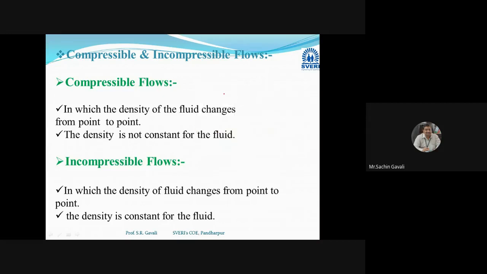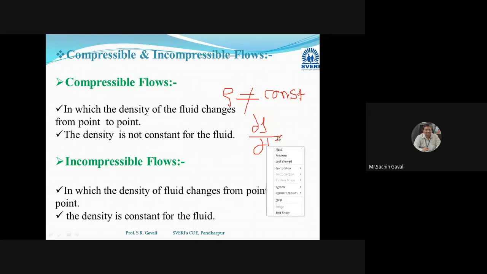So here rho is not equal to constant, or d rho by dt is not equal to 0. That type of flow is where density is variable. If we apply pressure on a fluid, its volume goes on changing. That type of flow is called compressible flow. For example, gases.